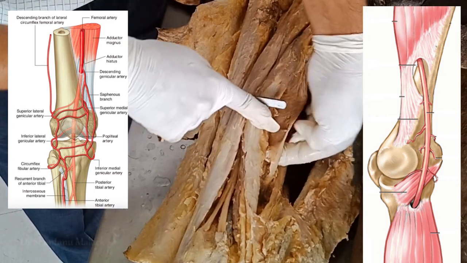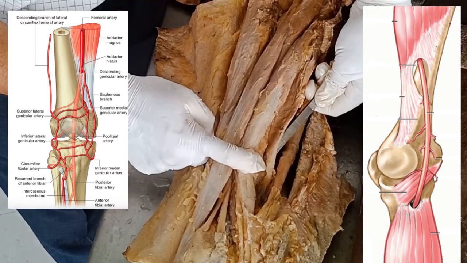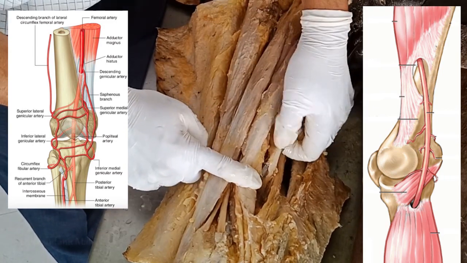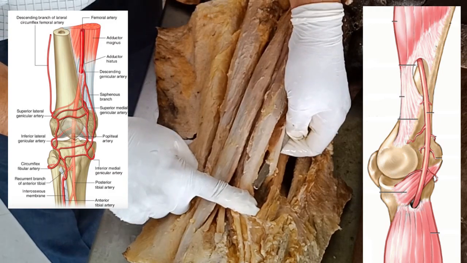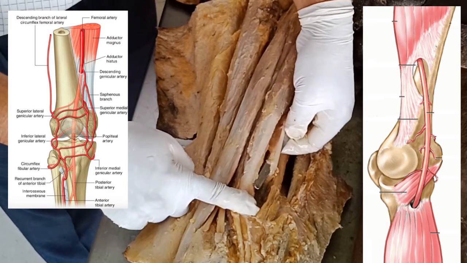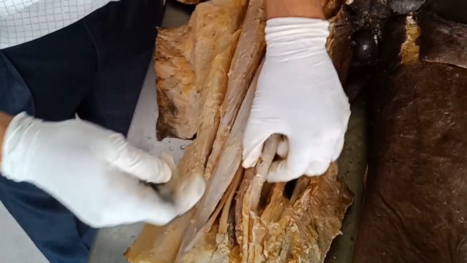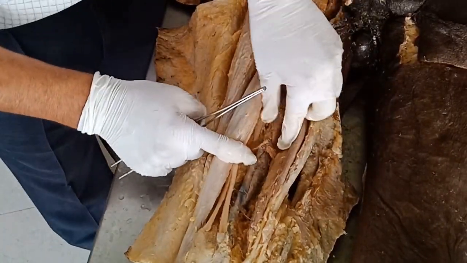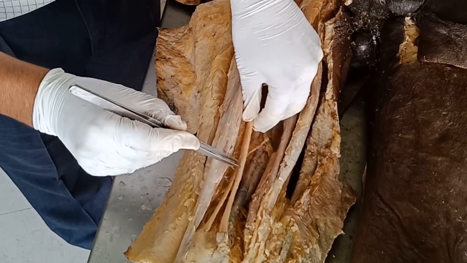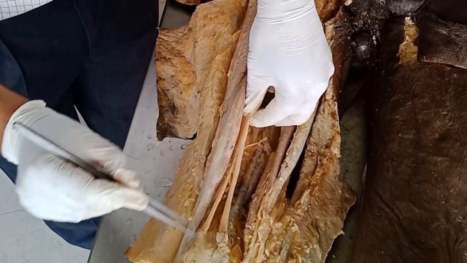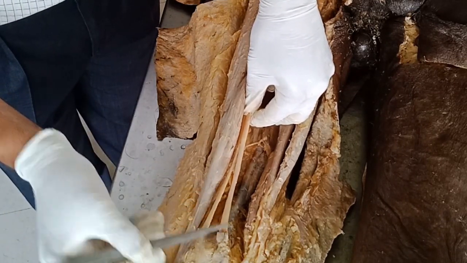I can put my finger, you can see I'm putting my finger. So through the adductor canal, like this, you can see my forceps, how it is coming to the popliteal fossa, the posterior compartment. So that is the adductor hiatus. From this side, you can see here how the sciatic nerve is getting divided into the common peroneal or fibular component, and the tibial component.